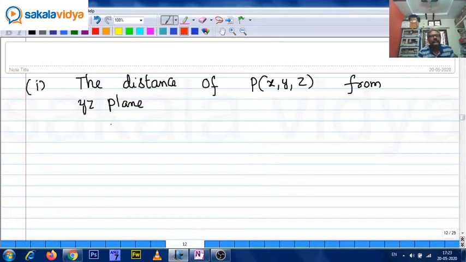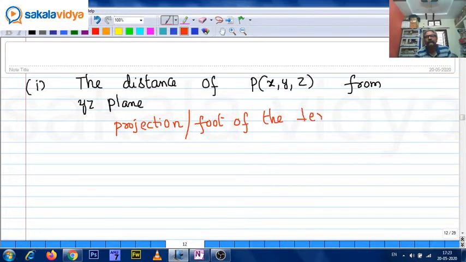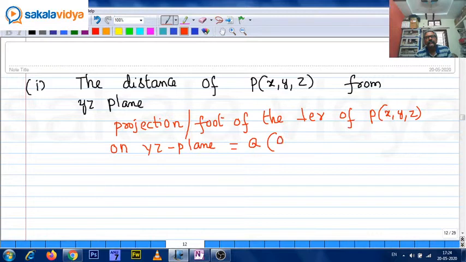So first we need to discuss the projection, this is also a concept, the projection or foot of the perpendicular of P(x, y, z) on the yz plane. On the yz plane it is Q, which is (0, y, z).